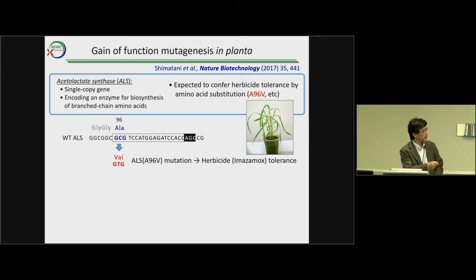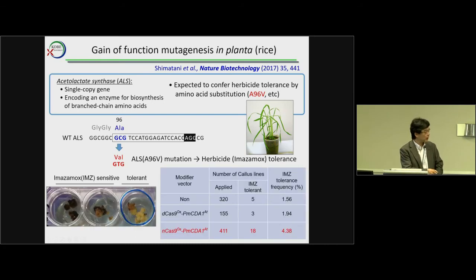We utilized the genome editing system to create this A96V, just by C2T mutations. We actually did this, and the result is like this. The dead Cas9 case doesn't work so well, but if you utilize Cas9 AID systems, we successfully create the gain of function type mutations. So like this, I think these pinpoint mutation systems are very effective to create just gain of function type mutation by just the base exchange.